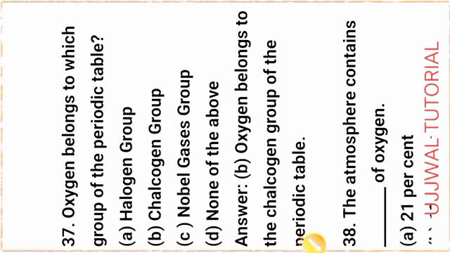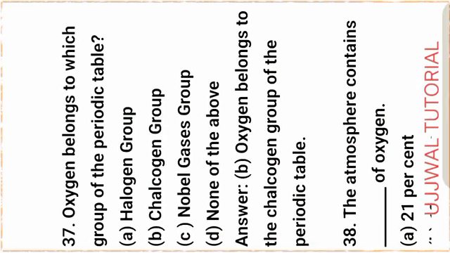Next, question number 37. Oxygen belongs to which group of the periodic table? Option B, the chalcogen family, also called the oxygen family. To explain this part, oxygen belongs to the chalcogen group of the periodic table.